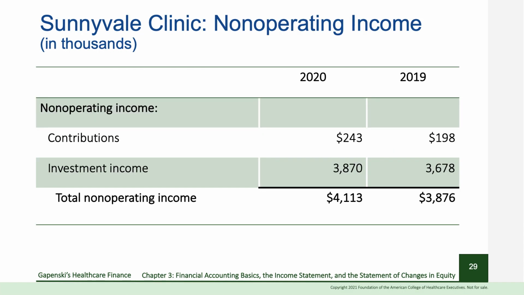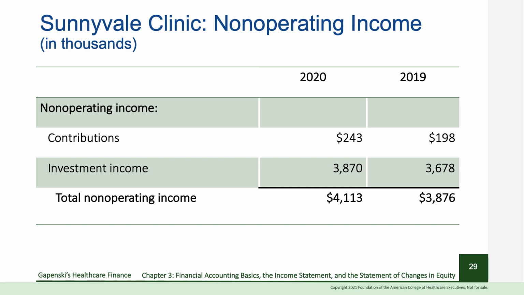Now, there is some non-operating income which comes from contributions and investment income. Let's say you generate some revenue and you have taken $100,000 from your revenues from your medical clinic and invested it in stocks or bonds or US securities. So that is an investment and that is generating you $3,870 of interest or dividend through that investment in the year 2020, and approximately $3,600 in year 2019.